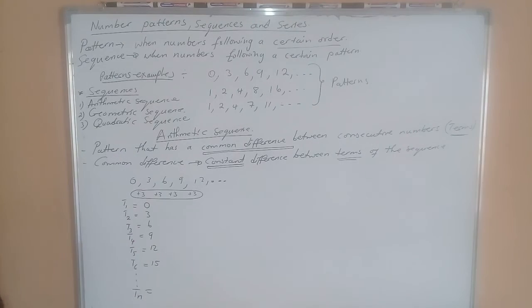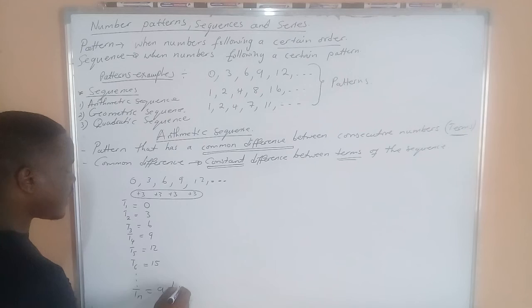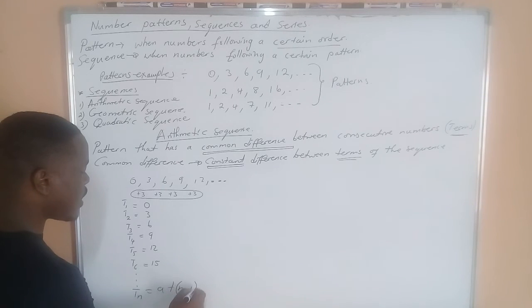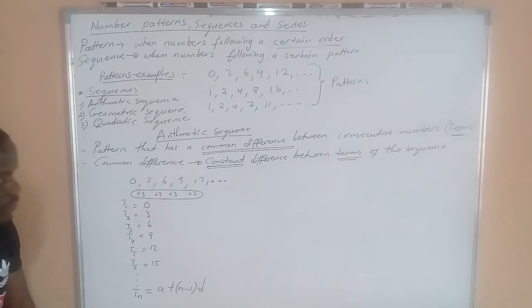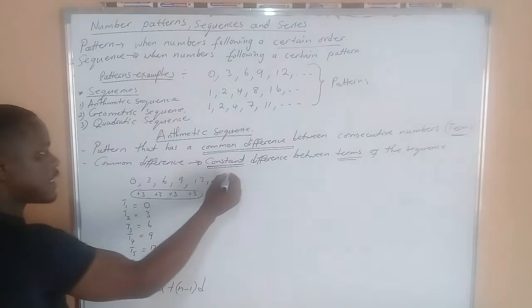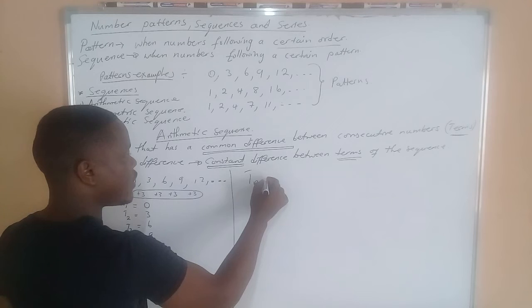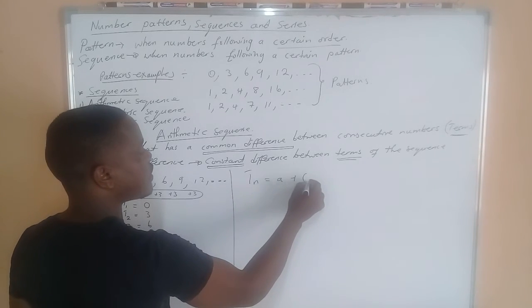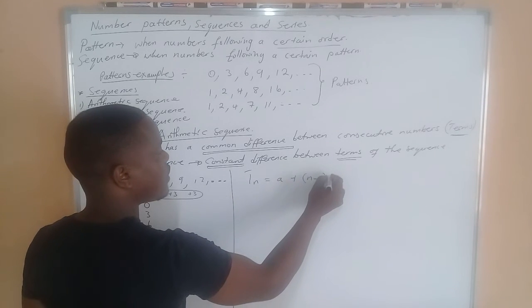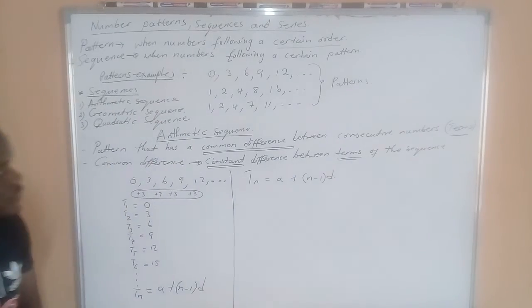Under arithmetic, it is given by the formula Tn equals a plus n minus 1 d.